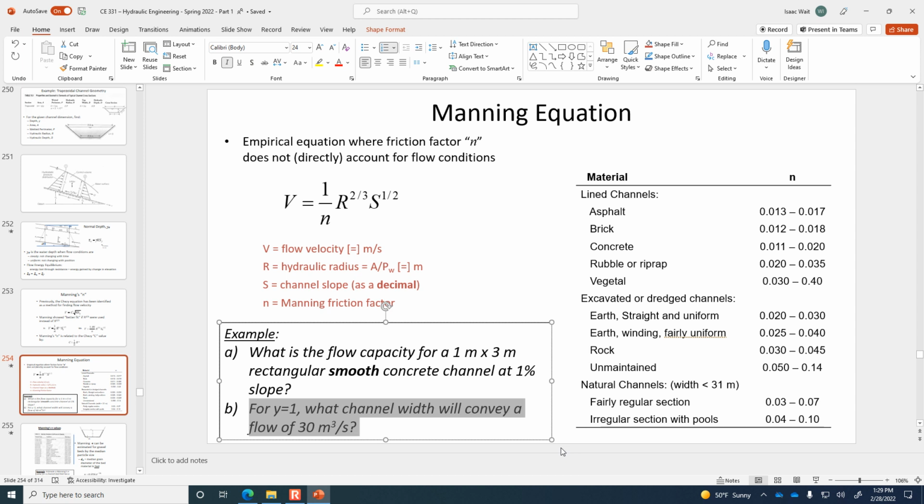And then the slope is 0.01 to the 1/2 power. And then down here, the denominator of the right-hand side, we've got the n value, which we're sticking with, 0.011. And the perimeter is 2 plus B to the power of 2/3.